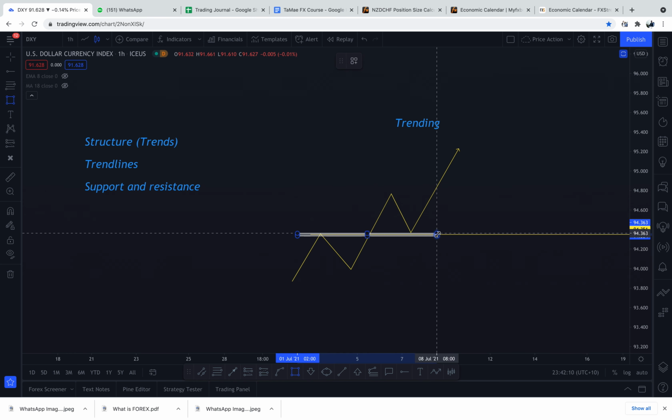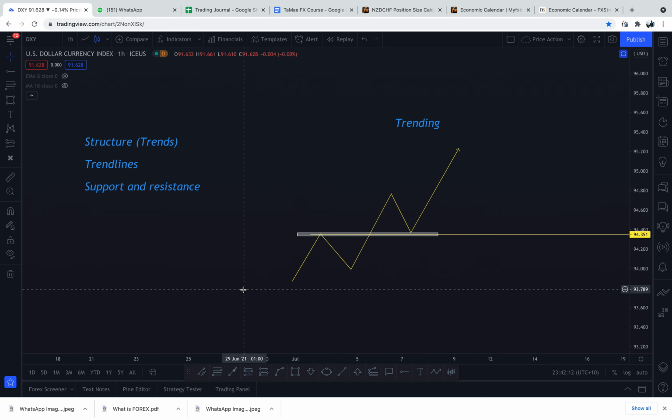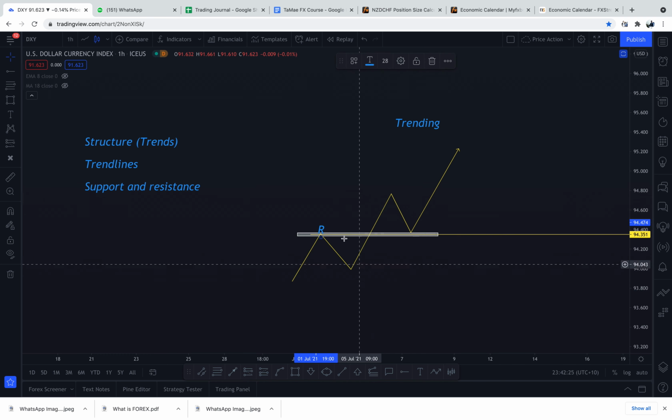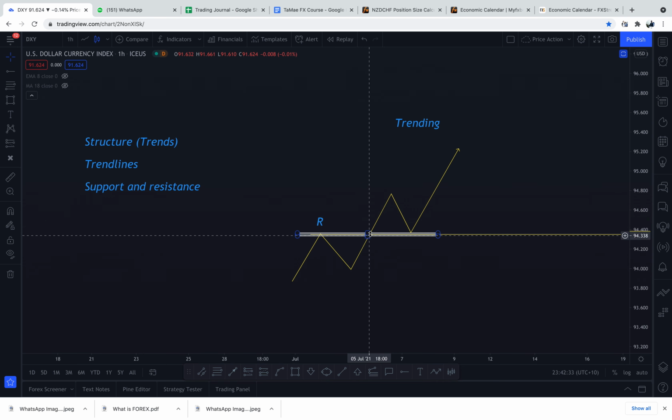Like that. So when price comes here, it found resistance. It couldn't break here, so it found resistance over here. So this is resistance, because it failed to break up. Then it came down. When it came back, it didn't fail to break here.